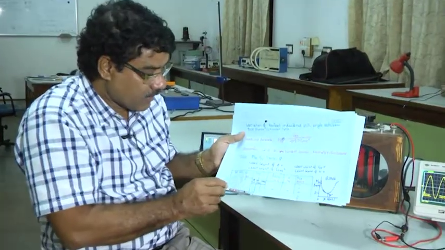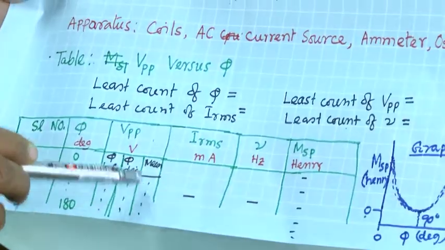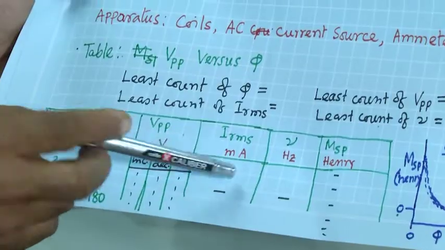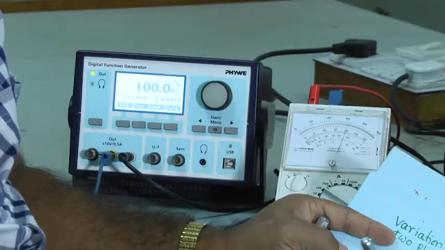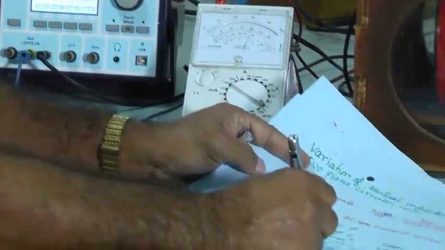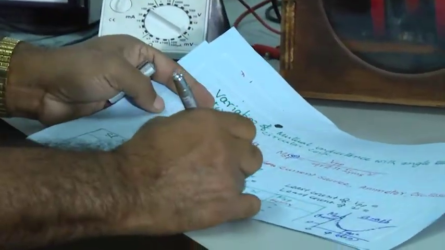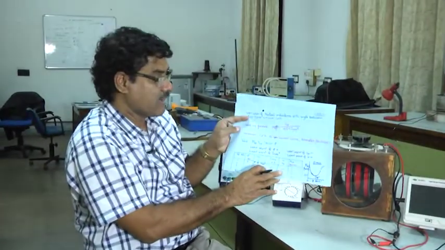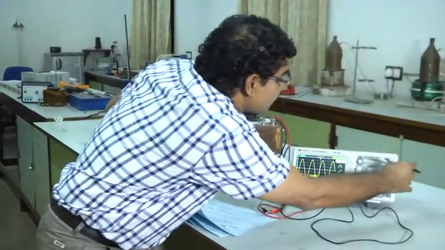Now, we can take the average of these two readings to get the mean reading, and that will be the VPP for each angle. I should note down I RMS, which is 66 milliampere as my reading is here, and the frequency is 100. Now take the reading for the 0 position.